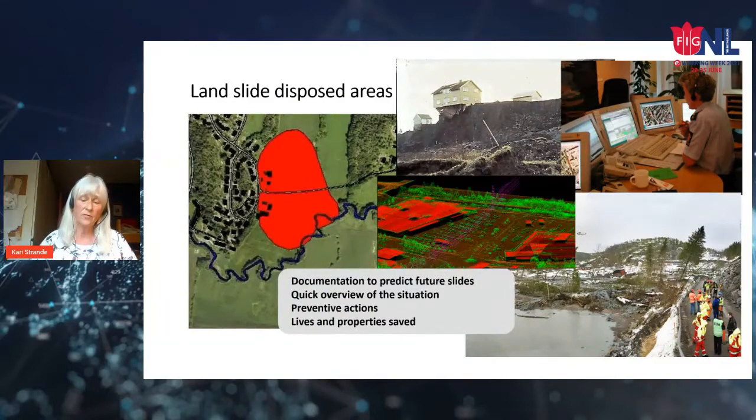Norway is exposed to natural disasters, and over 2,000 people have been killed by natural disasters in the last 150 years. It's expected to be 10 bigger slides in the coming 50 to 100 years. Geospatial data, including laser data, gives new opportunities to evaluate the risks for landslides.